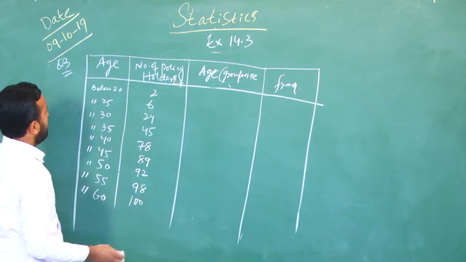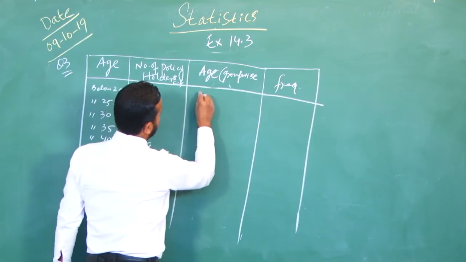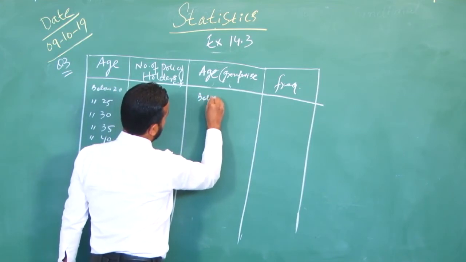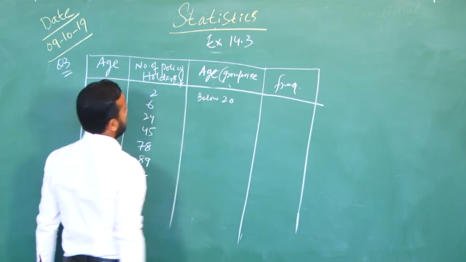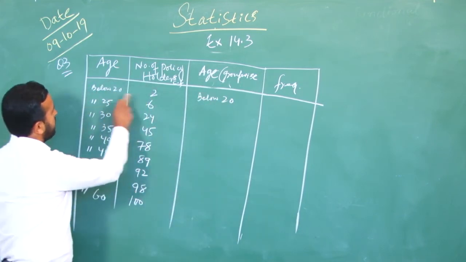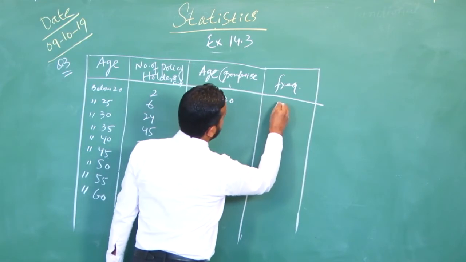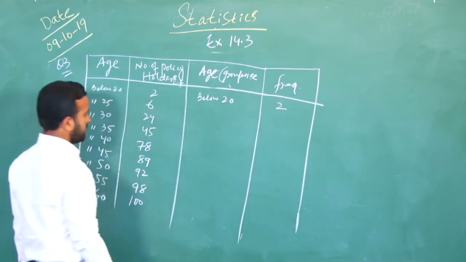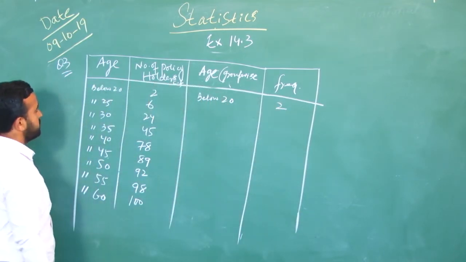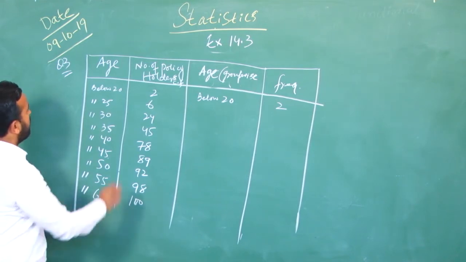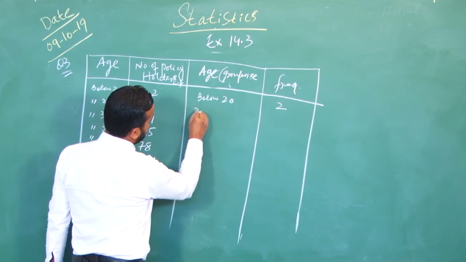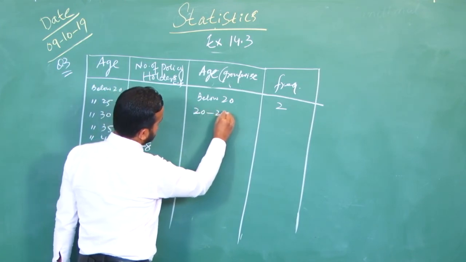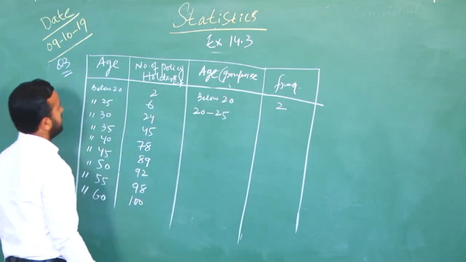See, as we are given here below 20, the first value, we can write it as it is, below 20. And what is the frequency? That is 2 corresponding to this below 20. Now, while making the groups, the next group will be 20 to 25.